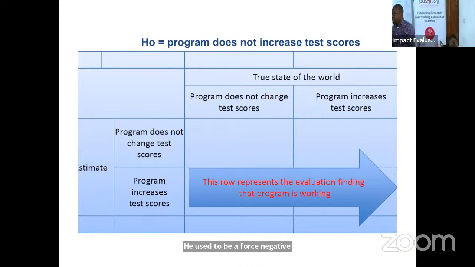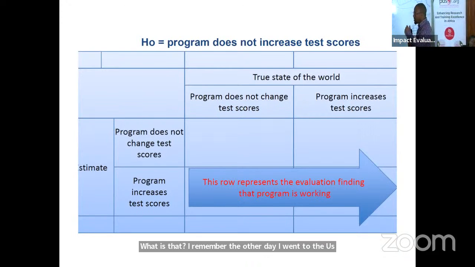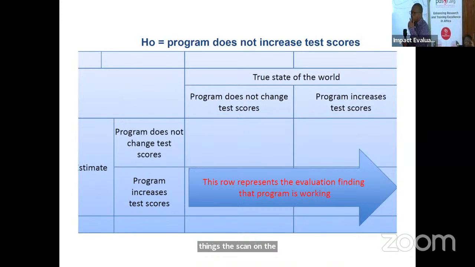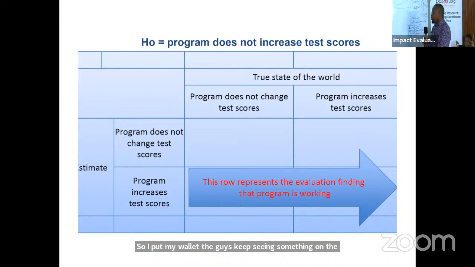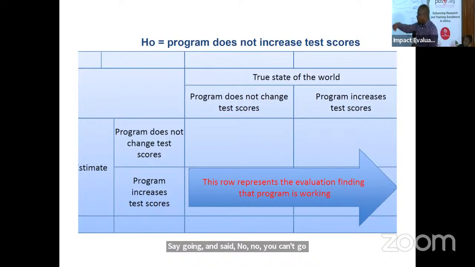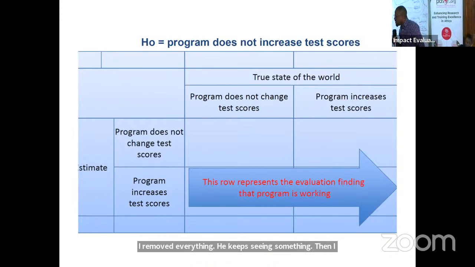What is that? I remember the other day I went to the US Embassy for a visa. You put your things, they scan them on the machine so you can enter the embassy, right? So I put my wallet. The guy keeps seeing something on the screen. So he said, no, you can't go, sir. Put back your wallet. I removed everything. He keeps seeing something. Then I said, that's a false positive. The guy was like, what?